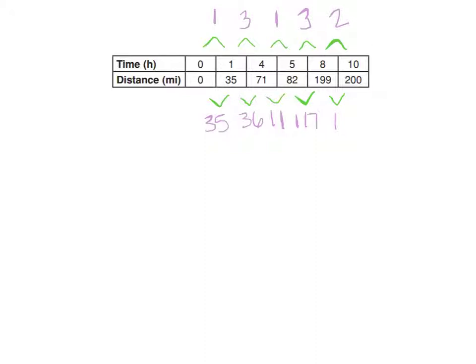So let's find a few of them. The first rate of change I'm going to look at is the one between 0 and 35. We know that the change in the dependent variable was 35, and we know that the change in the independent variable was 1. So in this case, we had 35 over 1, or 35 miles per hour.